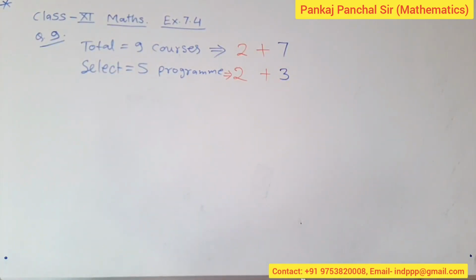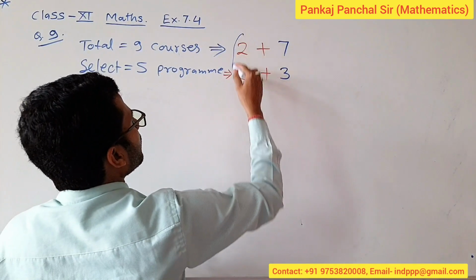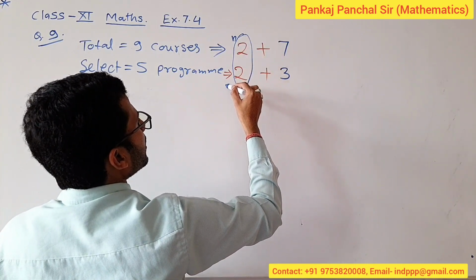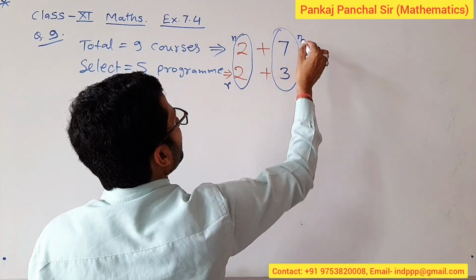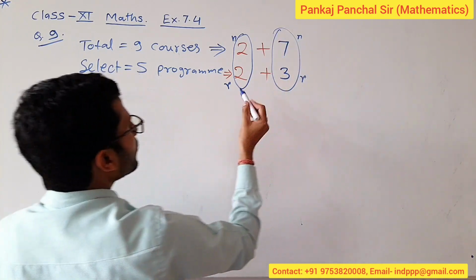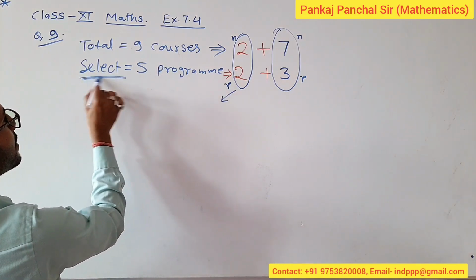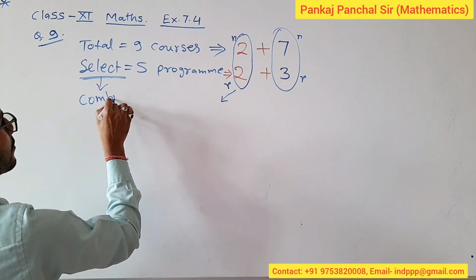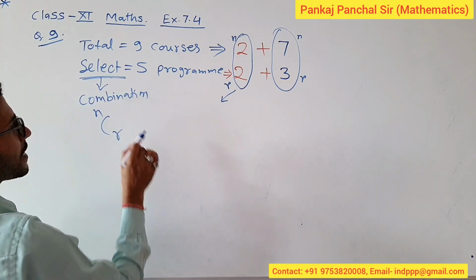Okay, so now look, total from this is the value of n, and here is the value of r. Here again the value of n and this is the value of r. We will apply nCr here. Now we see here select. Select means this question is of combination. Combination means we will apply nCr.